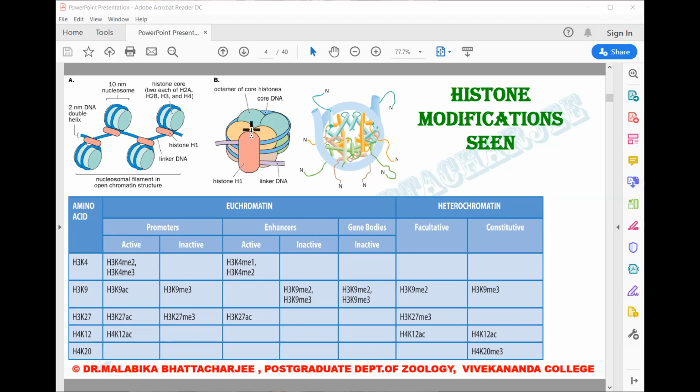In some cases, some nucleosomes contain variant histones such as H2AX, H2AZ, H3.3, or otherwise known as CENP-A, which is found in the centromeric region.